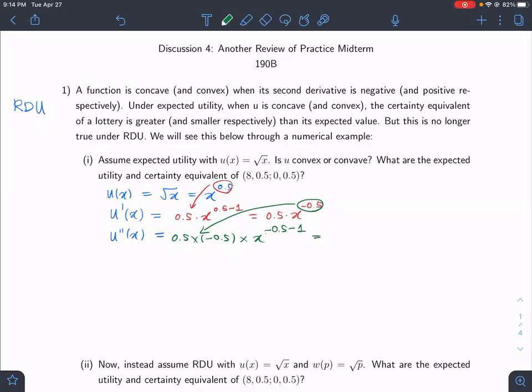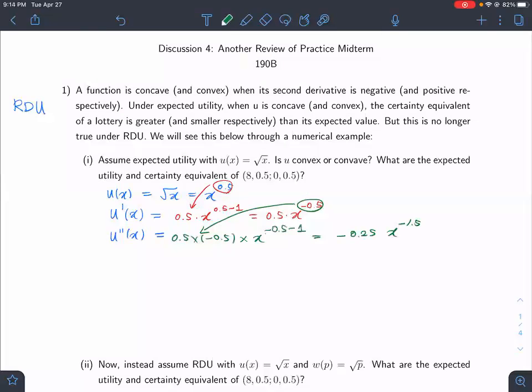And then we have 0.5 times minus 0.5, which is minus 0.25, times x^-1.5.